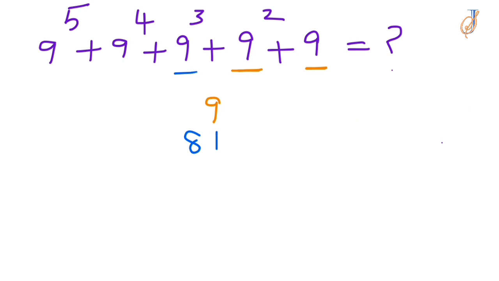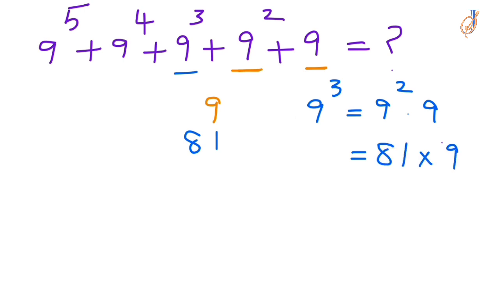Now we have 9^3. You can write this as 9^2 times 9. 9^2, the value is 81. 81 times 9. Here we have a double digit. How can you multiply this? If you have a double digit, first you do the addition. For the 8, you add plus 1, which gives 9.